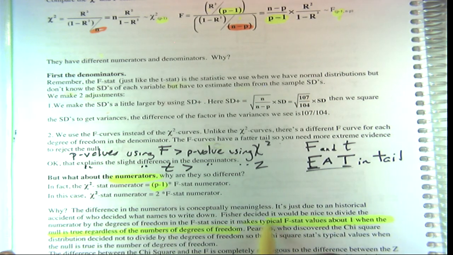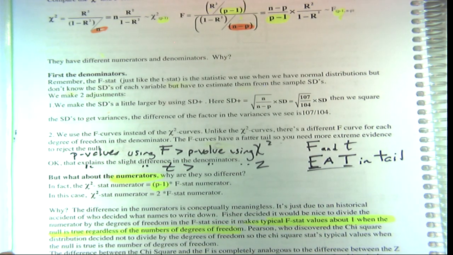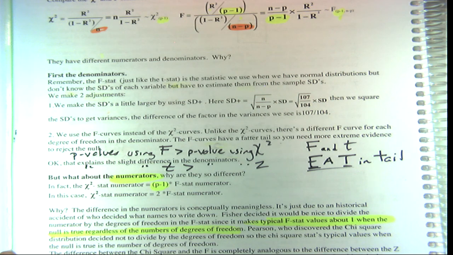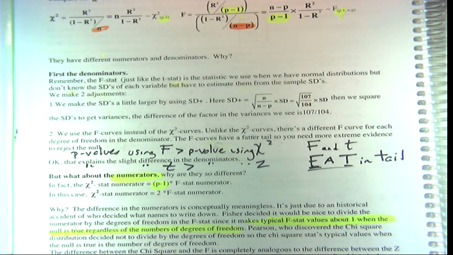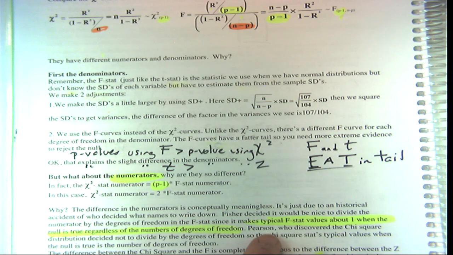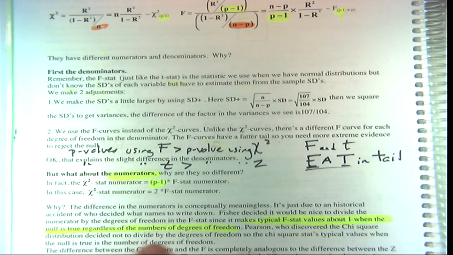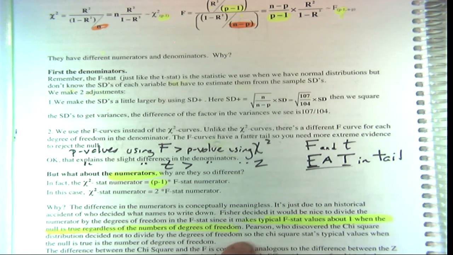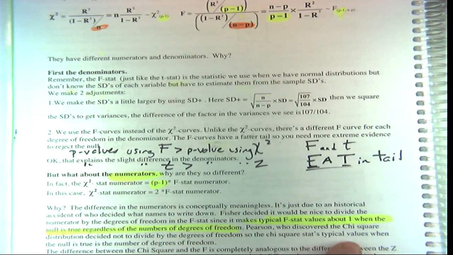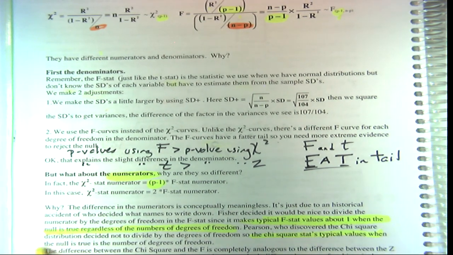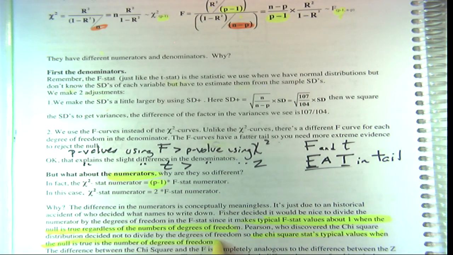I think that's really nice. I like what Fisher did. You always know it should be about 1 when the null is true. Pearson, on the other hand, who discovered the chi-squared distribution, decided not to divide by the degrees of freedom. So the chi-square stat's typical value when the null is true is the number of degrees of freedom.